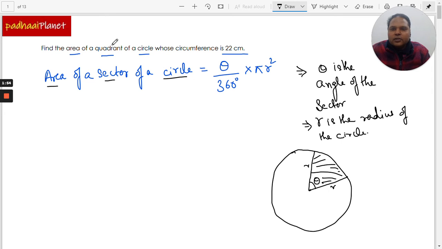Now the question is that theta is not given, r is also not given, but r can be found out from the circumference of the circle.